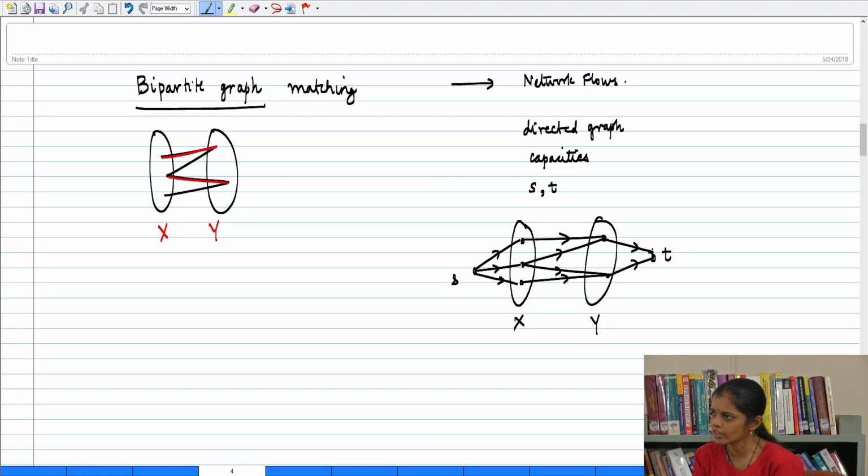Maybe I will just start with 1. Okay, I will give a capacity of 1 for all these edges. So this is the suggestion; I will not write it everywhere, but all the edges are unit capacity.